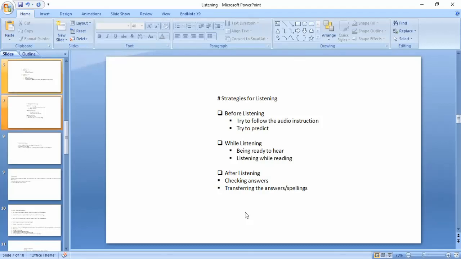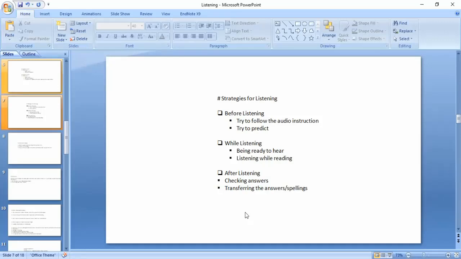So keywords are not articles like a, an, the, and also not prepositions like on, over, under. Try to underline the keywords while you are given some time to read the questions from a certain number to a certain number, for example, 1 to 5.